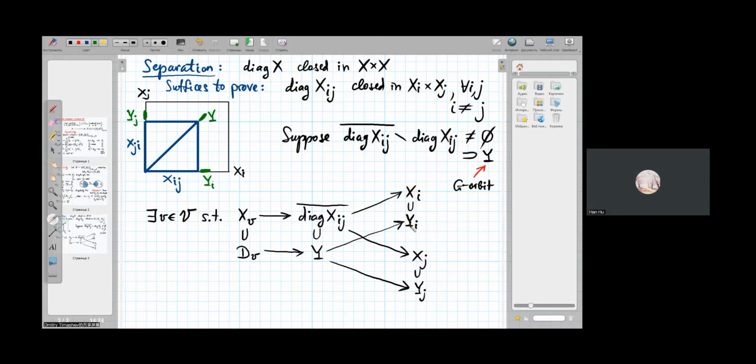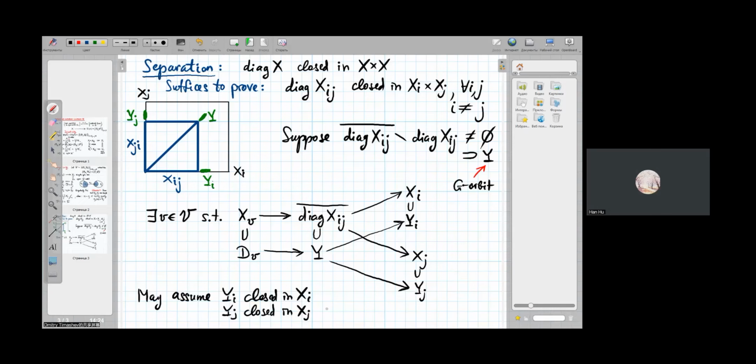So replacing Xi and Xj with simple open subvarieties, we may assume that Yi is closed in Xi and Yj is closed in Xj.